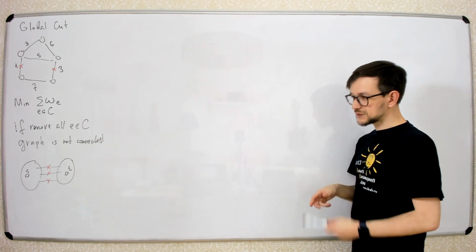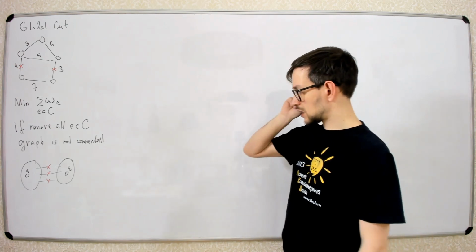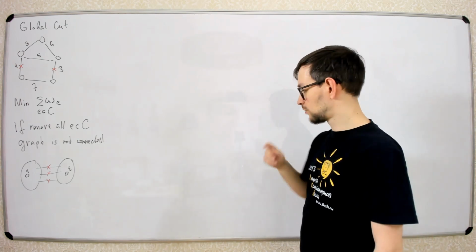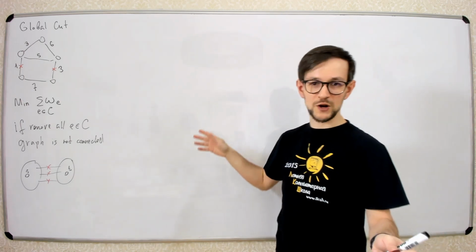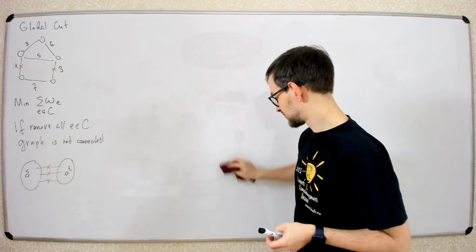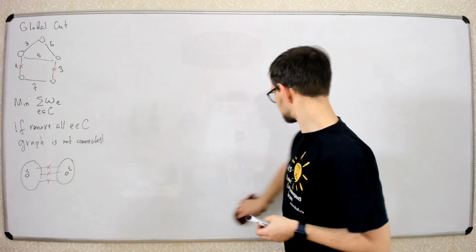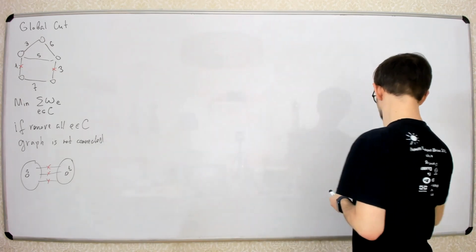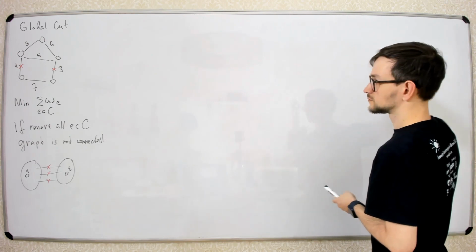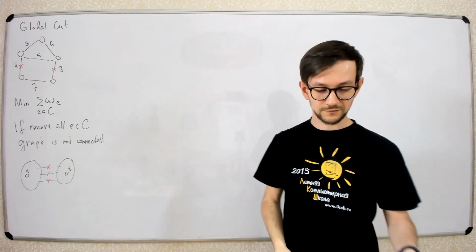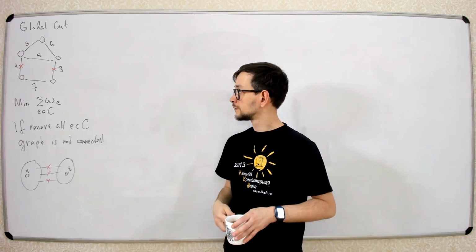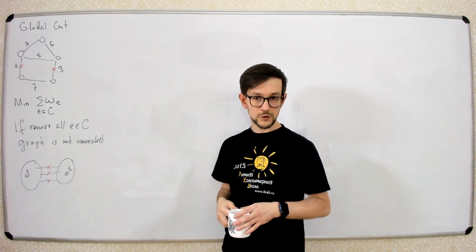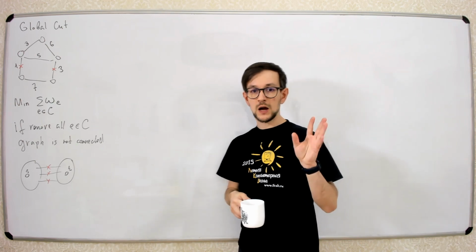Well, first of all, let's prove this problem can actually be solved in polynomial time. Can you find any polynomial time solution for this problem? So again, I have a graph.